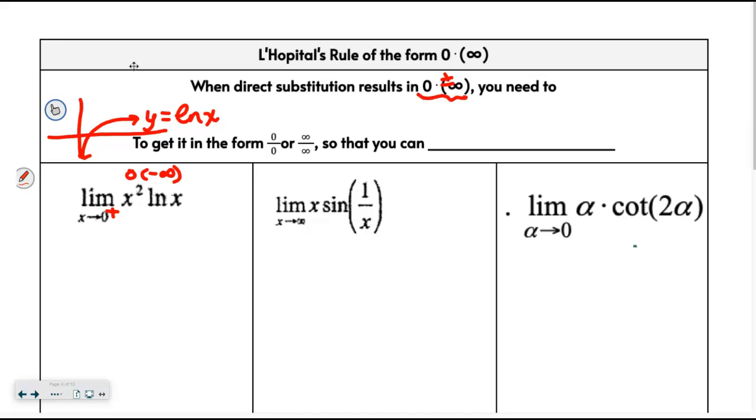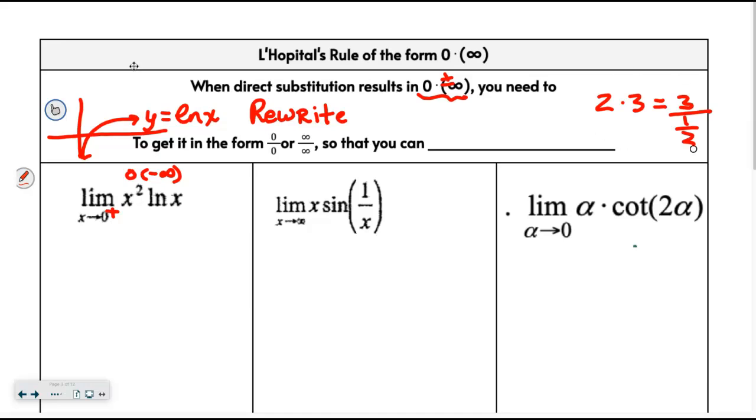But all of these are going to lead to 0 times one of the infinities. When that happens, you are just going to do a little rewrite, because all products can be written as a single fraction. For example, I could say 2 times 3 is actually the same as 3 divided by 1 over 2. Would you agree that's the exact same thing? Right?